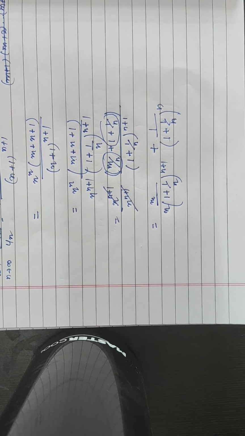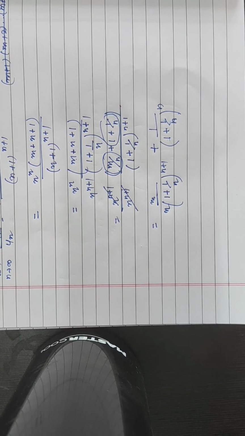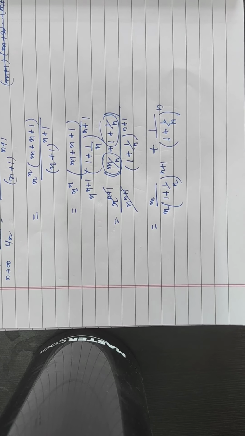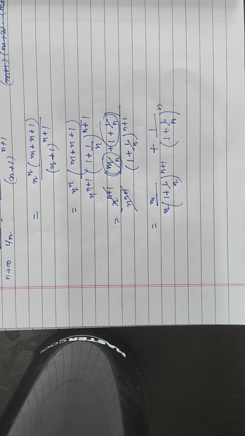Now by the algebra of limits, we know that if a_n and b_n are two sequences, then limit of a_n plus b_n will be equal to a plus b, where a_n tends to a and b_n tends to b.